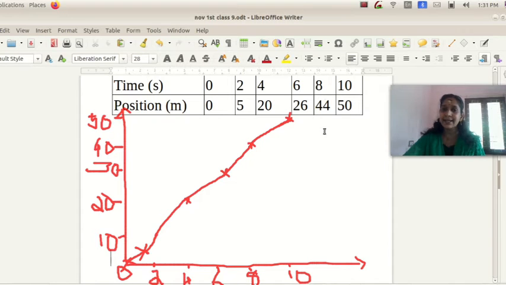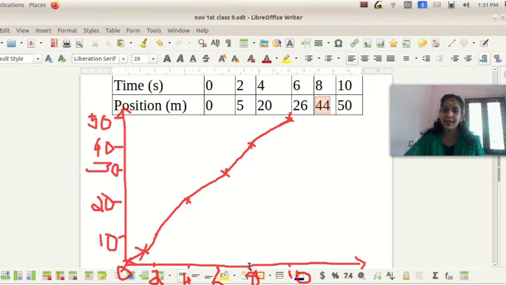At the 8th second, it traveled 44 meter. So when it reached 45 meter away from its initial position, it may be 8.5 seconds.